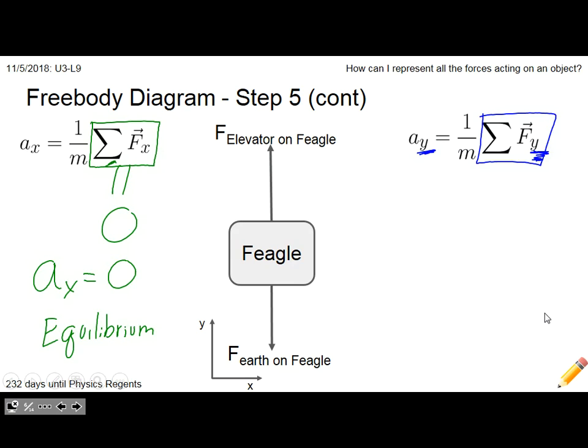So we will do plus F elevator on Fiegel. Okay. How about the force of Earth on Fiegel? Positive, negative, or 0? Negative. Gavin, how do you know it's negative? That tells us half of it, because we also have to compare it to what we chose as our coordinate axes.